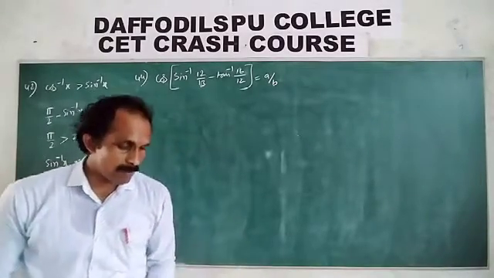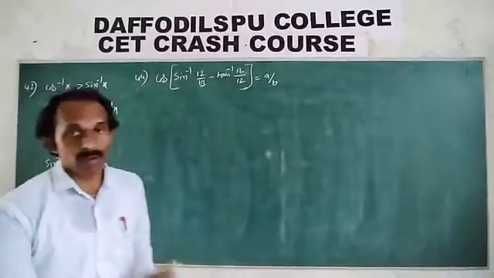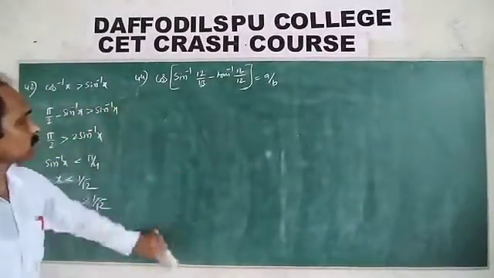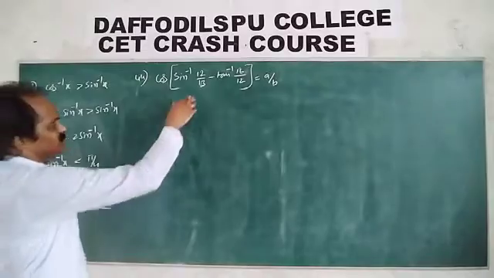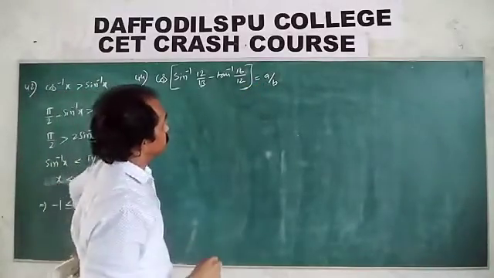What is the value of a plus b? Co-prime means they have no common factor. Okay, the a by b value we want.